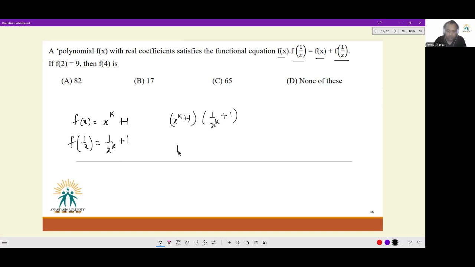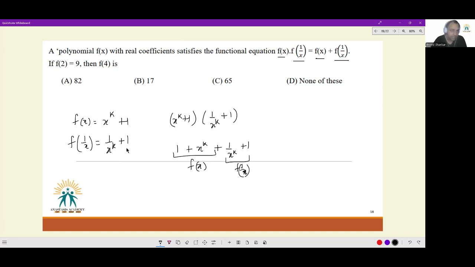First two terms will multiply to give us 1. Next two terms will multiply to give us x raised to the power k, plus this and this multiplies to give me 1 by x raised to the power k. 1 and 1 multiply to give me 1. This indeed is f(x). This indeed is f of 1 by x.